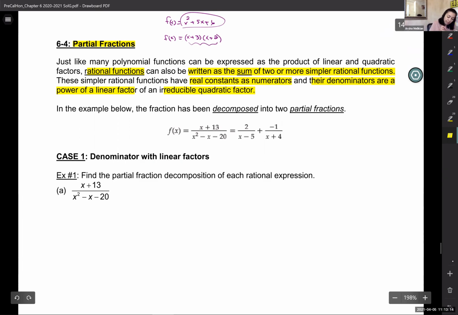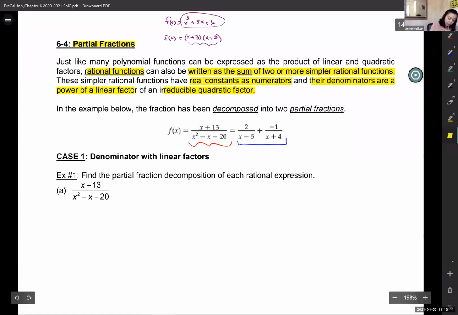Take a look at this example. Look at this rational expression here. You see that rational function? There used to be two simpler functions that when you added them up gave you that rational function. So in this lesson, what we're going to do is break that down into two or more simpler fractions that add up to that red one.